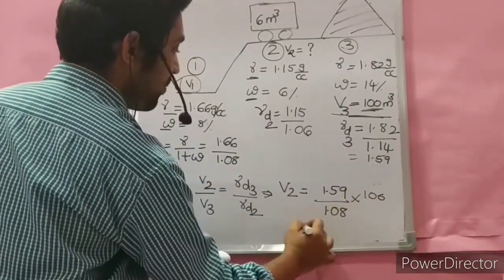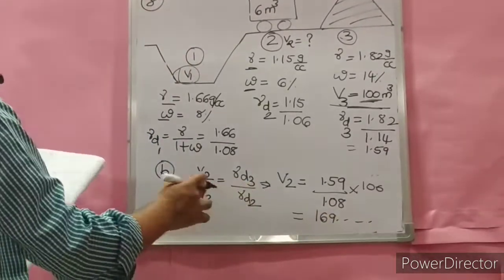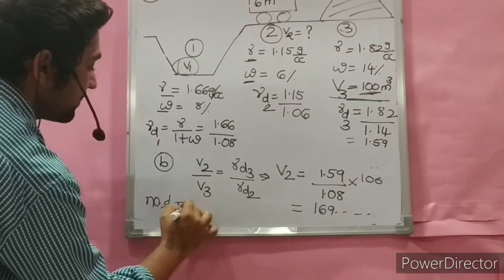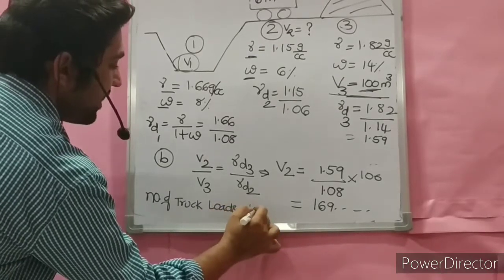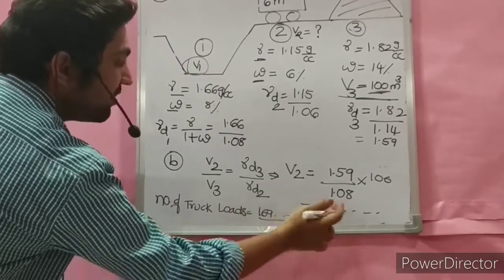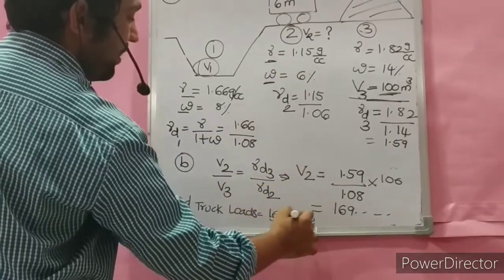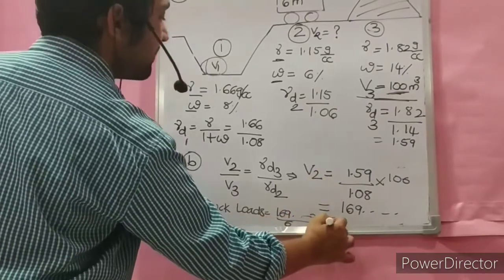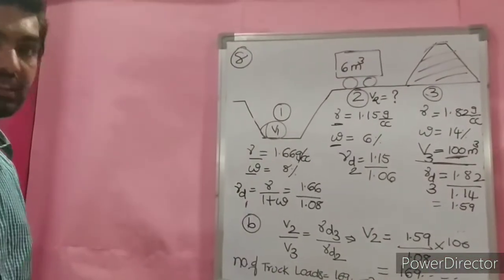V2 comes to be around 169 point something. So number of truckloads is equal to 169.8, divided by 6. The answer comes to be around 25 truckloads. I remember this. 25 number of truckloads.